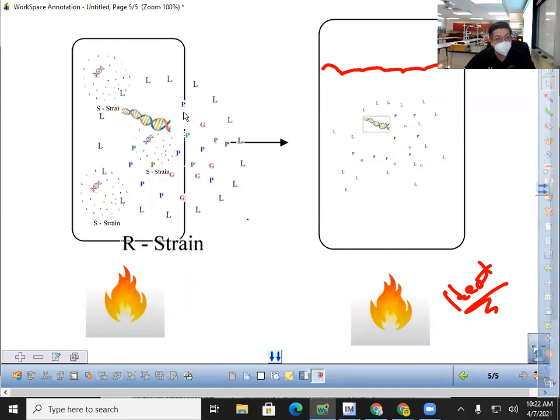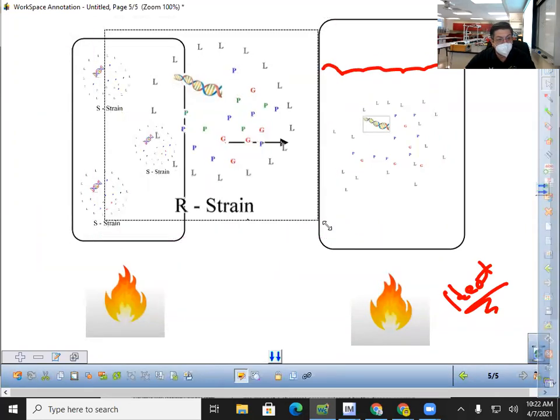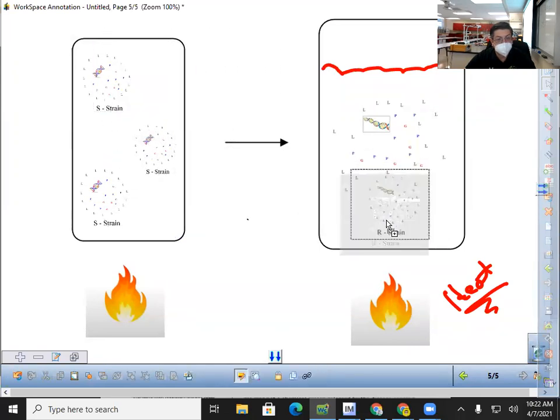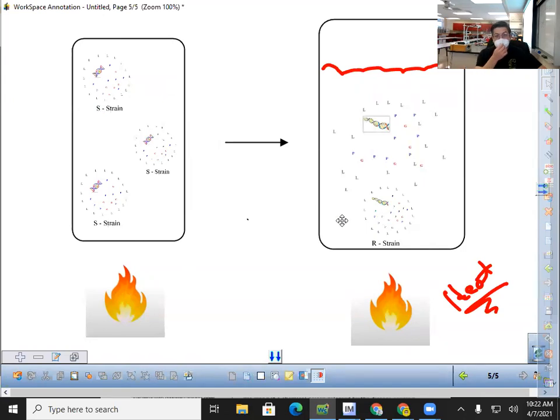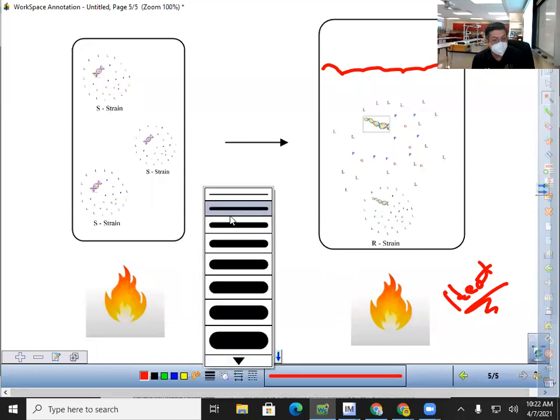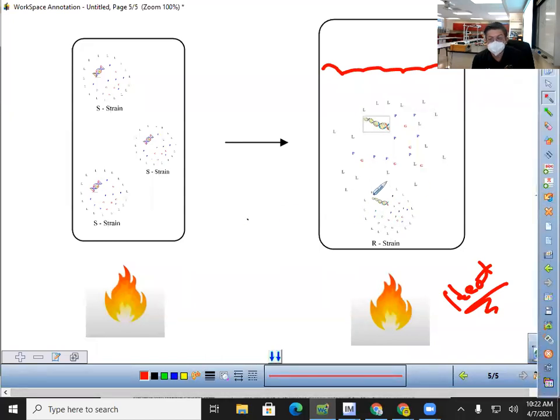But then what ends up happening is when he adds this guy into the juice, now guess what happened? What do you think happened? So this is the R strain right here. What do you guys think happened? Take a guess.